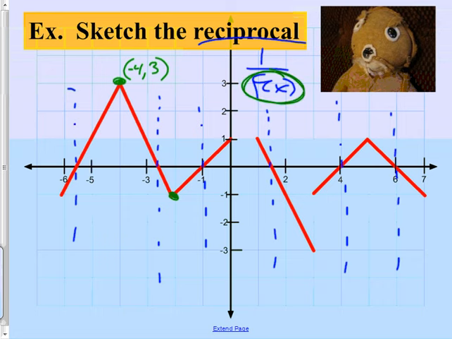So here's my new point: -4, 1 over the y, 1/3. -4, 1/3 is like right there. So here's roughly my new graph. Oh, wait. I didn't hit 1. There we go. 1 and 1. This is roughly what this part of the graph should have looked like. Raise your hand if you agree with me, if that makes sense to you. Okay, good.